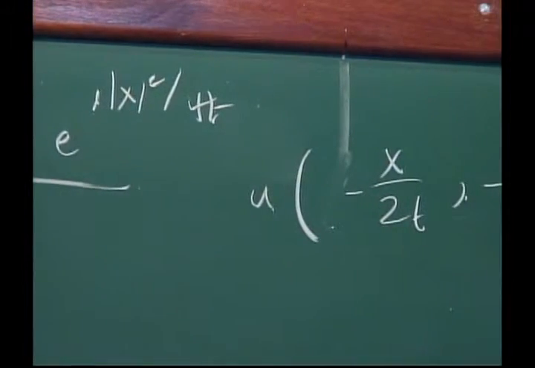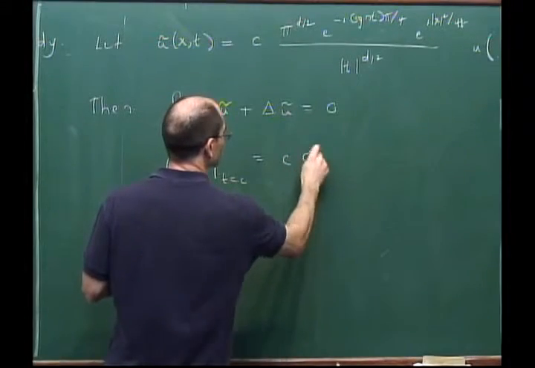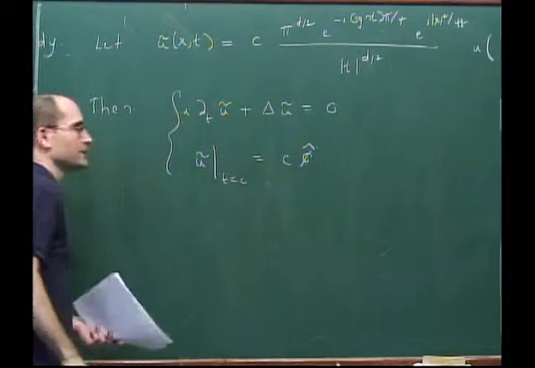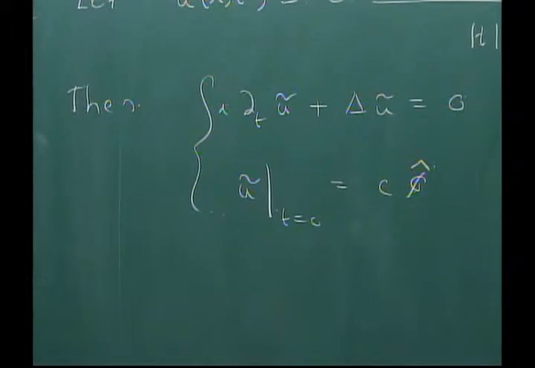But when we evaluate it at 0, we get the Fourier transform of the initial condition.